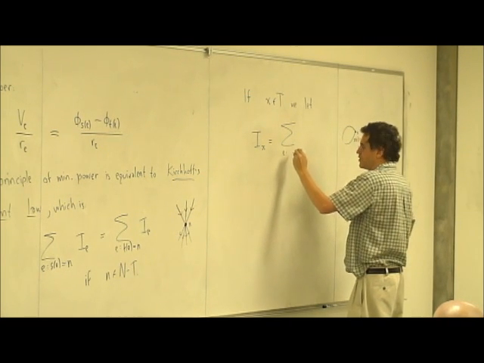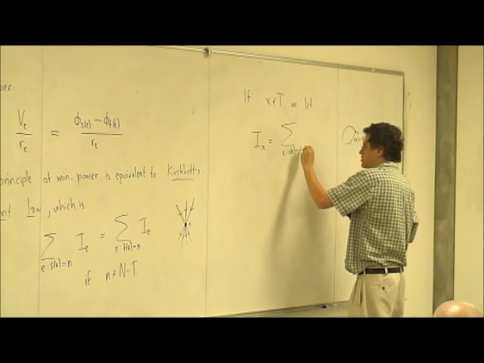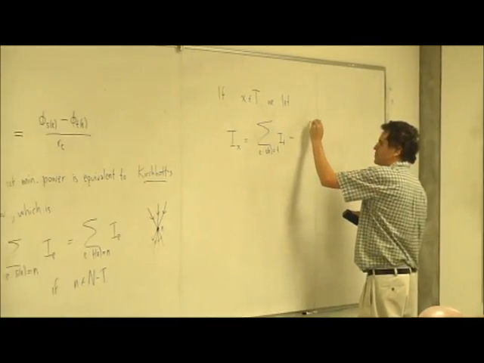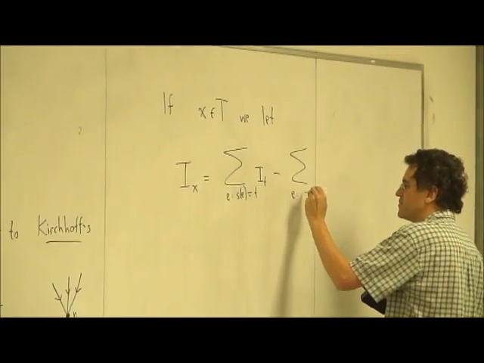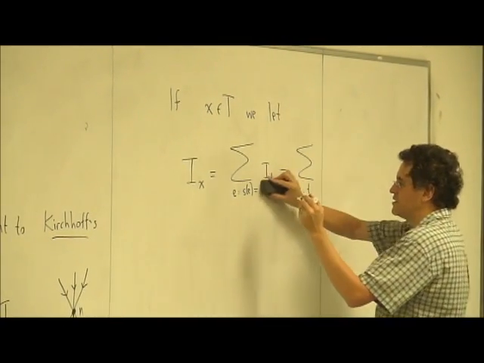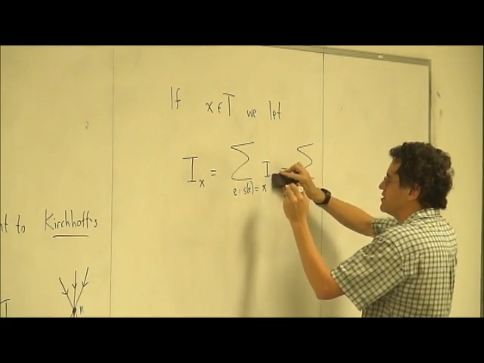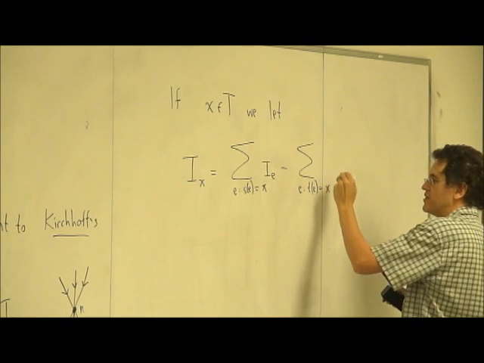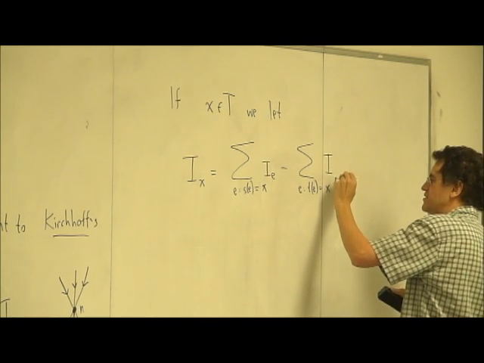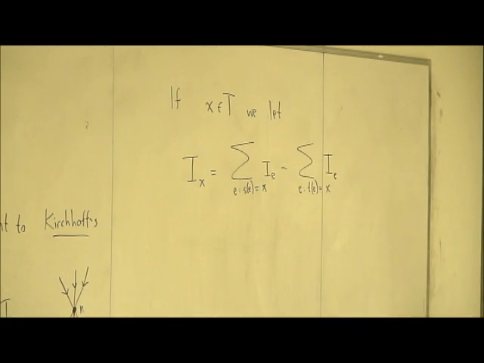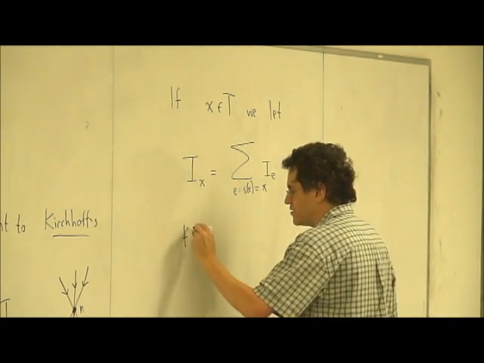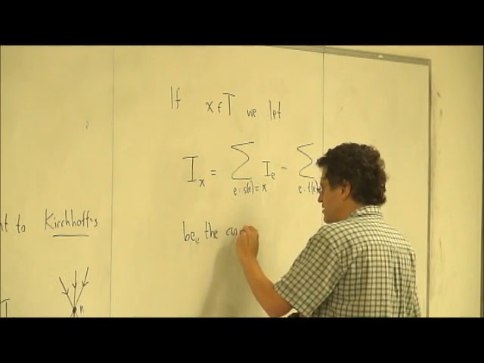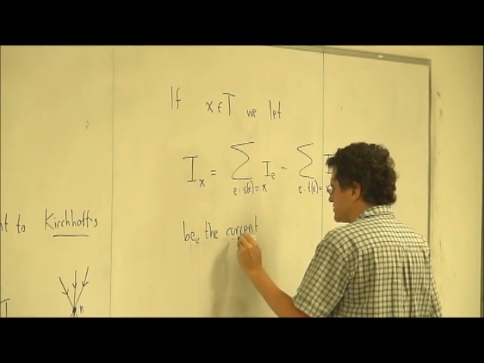So the current flowing into that terminal, edges pointing into the terminal, minus current flowing out. So we call this thing the current at x.